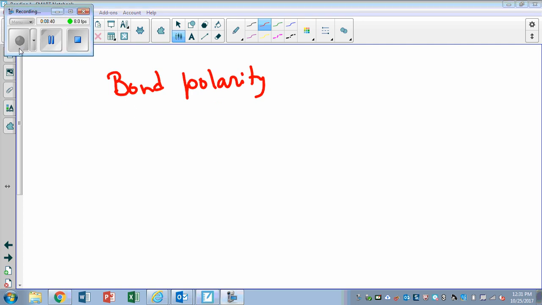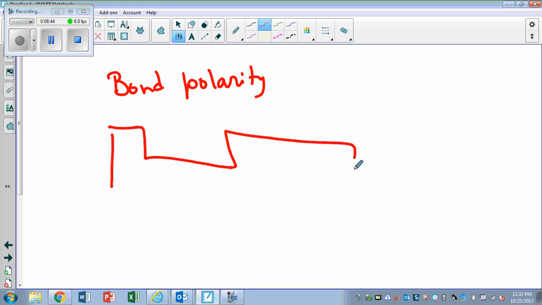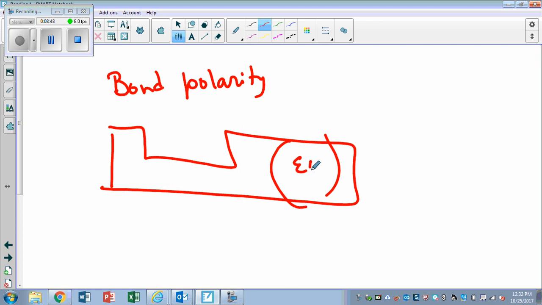As we know, elements on the right side of the periodic table, which are non-metals, are more electronegative. So we are sharing the electrons between these atoms. We have learned about electronegativity. Electronegativity is the ability of an atom to attract a shared pair of electrons towards itself.